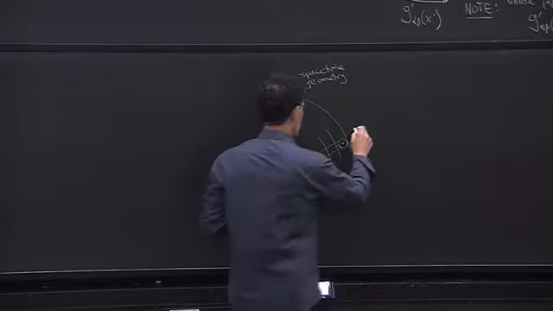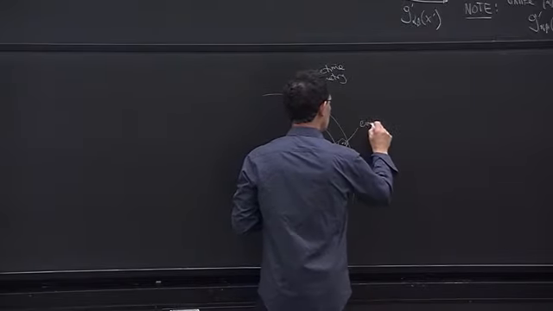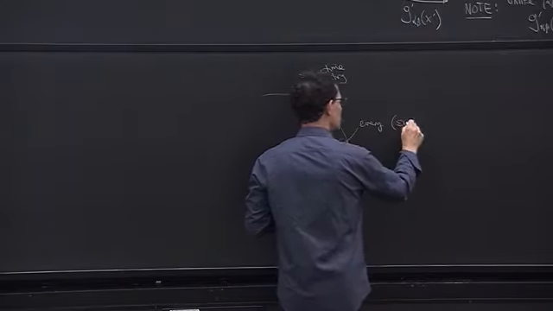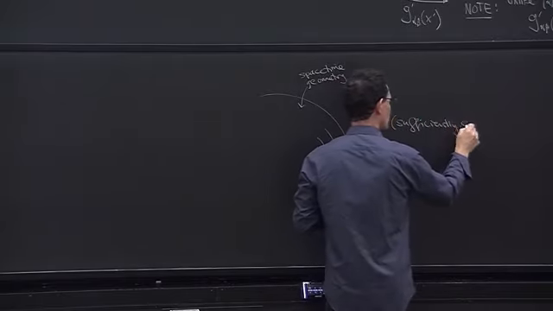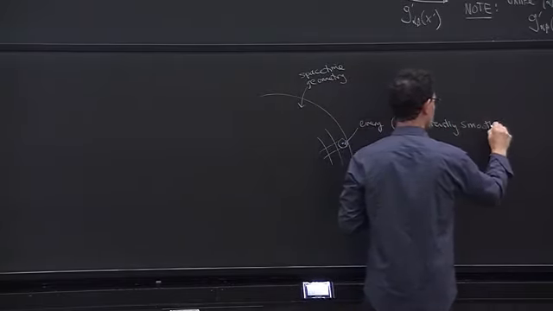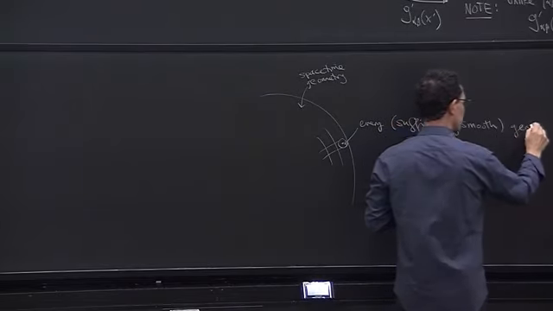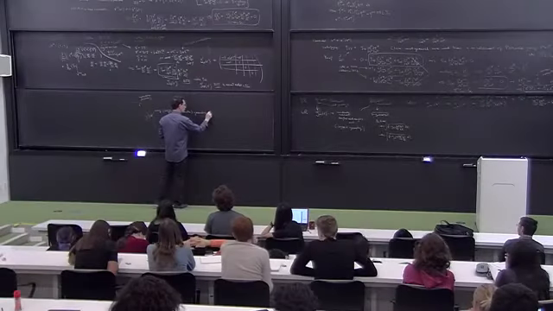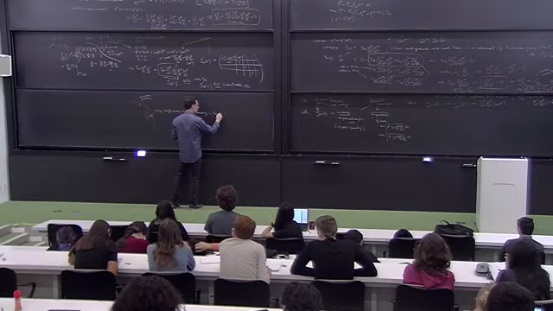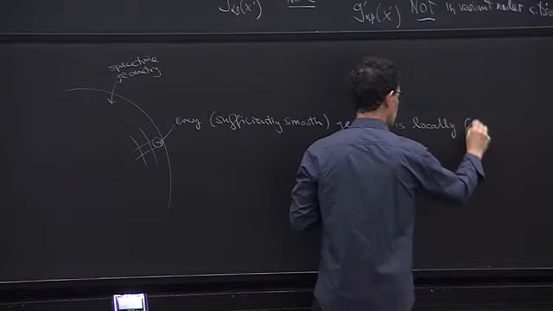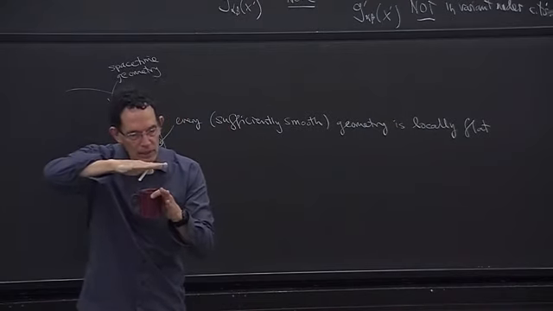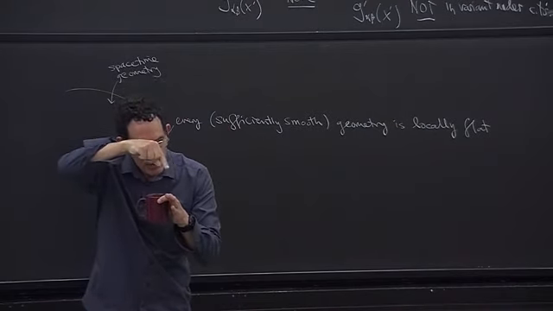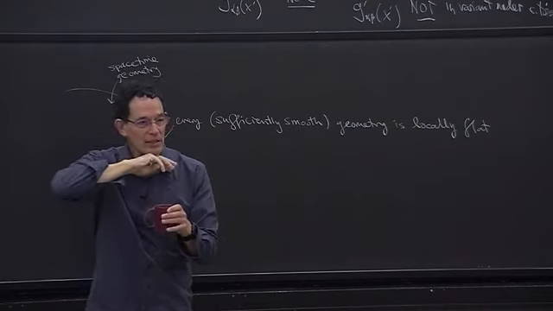Right? So every sufficiently smooth geometry is locally flat. It just means that I can always go up to some point and look in its immediate vicinity and it basically will look flat.